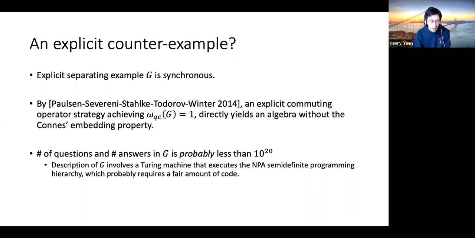I've never programmed the NPA semi-definite programming thing, but I imagine it requires a fair amount of code, and to translate into a Turing machine, there's probably some overhead. The point is, it is some constant size object that we can describe, but it's kind of hard to get a very good grasp on what the game looks like.